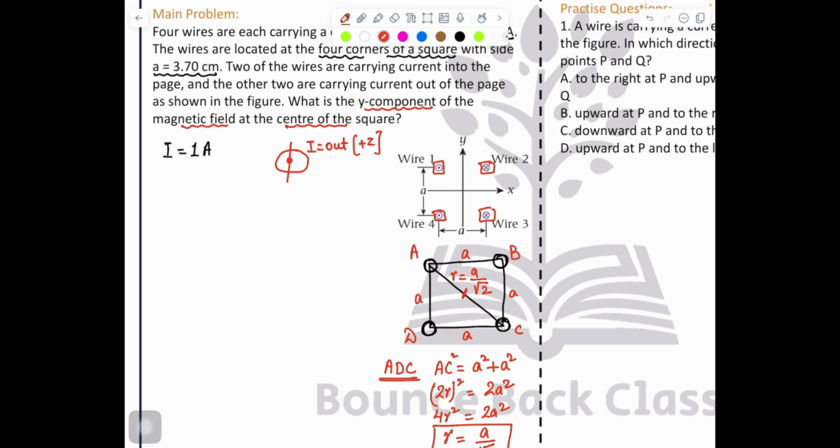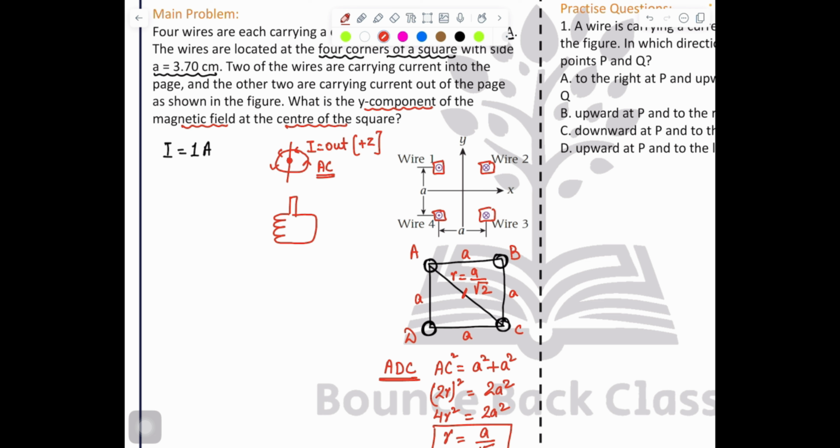You just need to take your thumb, and curl your fingers like this. Because it is going out of the page, the direction should be anti-clockwise.